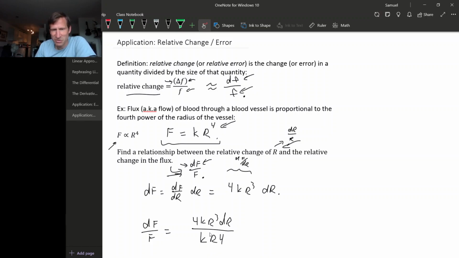Oh, this is a 4th power, not a multiple of 4. There we go. Now we can start simplifying things. So first of all, these k's drop out. We have a factor of 4 out here. And then most of these r's drop out. There's one left, though. So 4 times dr over r.